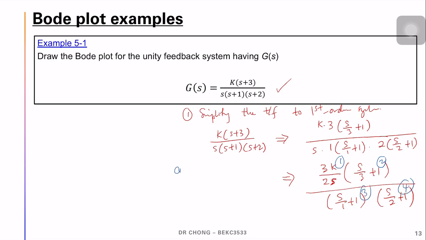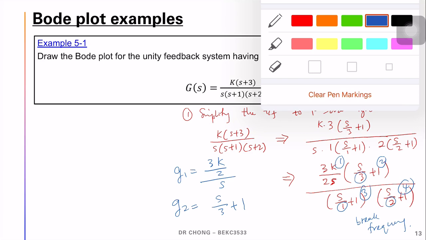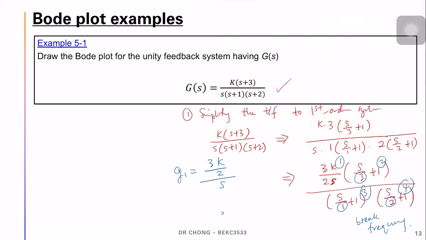So G1 is equal to 3K over 2 per s. The second one is s over 3 plus 1. Sometimes I ask the student, because when you have a first order system, this is the break frequency. Try to arrange the break frequency like 1.